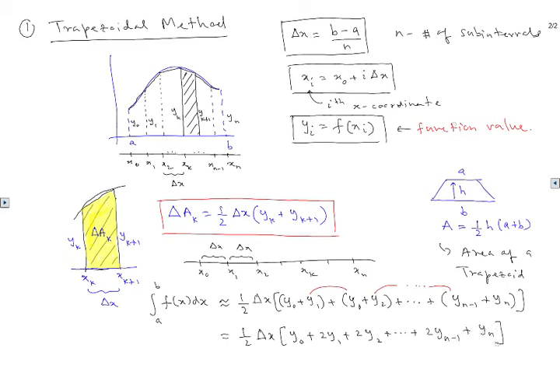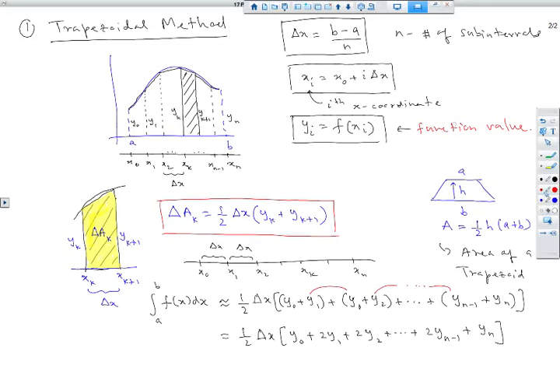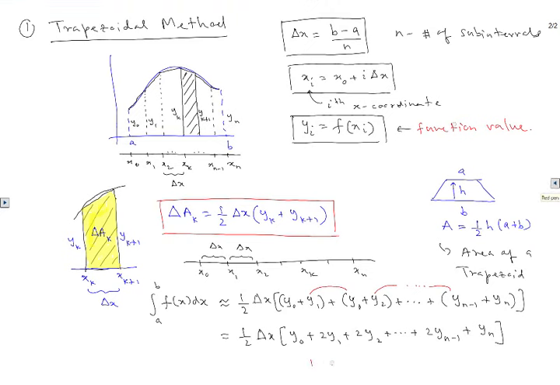Only the first one and the last one have 1, everything else has 2. So the pattern goes 1, 2, 2, 2, and then 1. That's how we remember the pattern. So this is what we call the trapezoidal rule.